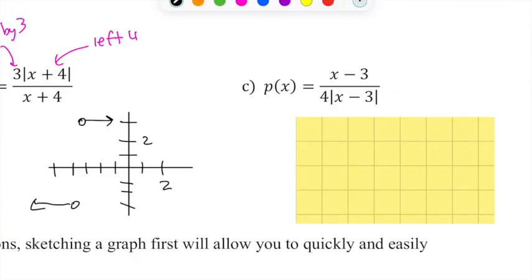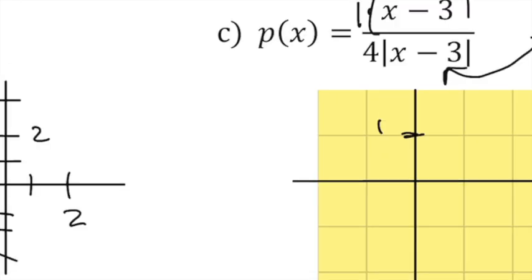So this one, it doesn't matter if the absolute value is on the bottom. It's just trying to trick you. This is going to be right 3. But notice how there's like a 1 here. So this is going to be a vertical shrink by 1/4. So this is 1 and -1. The first thing we're going to do is move everything over 3.